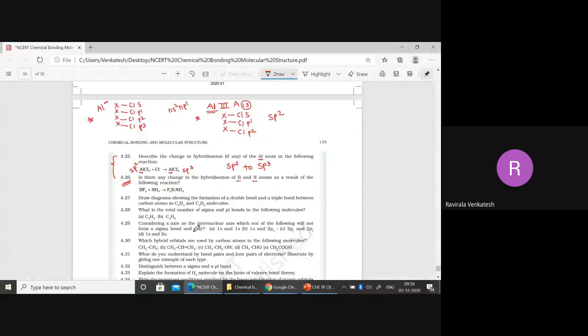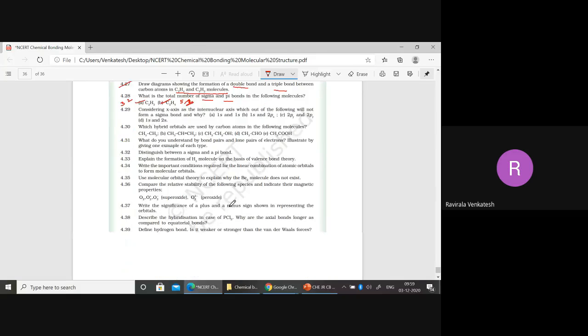Next question: draw the diagrams showing the formation of double bond and triple bond between C2H4 and C2H2 molecules. What is the total number of sigma and pi bonds in the molecule? Already we discussed this today only. In C2H2, there will be 3 sigma bonds and 2 pi bonds.